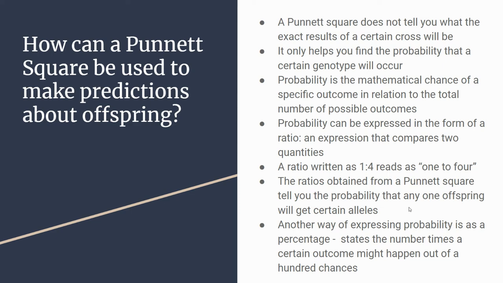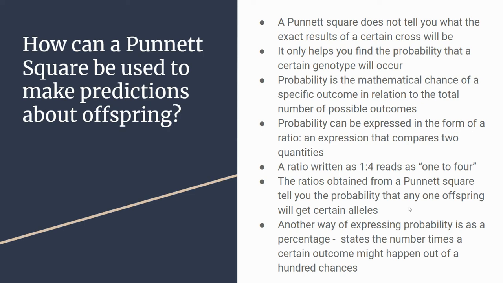That's my genotypic ratio. Okay, now let's look at our phenotypic ratio. How many black guinea pigs do you see? 3. How many brown guinea pigs do you see? 1. So my phenotypic ratio is a 3 to 1. 3 black guinea pigs to 1 brown guinea pig.